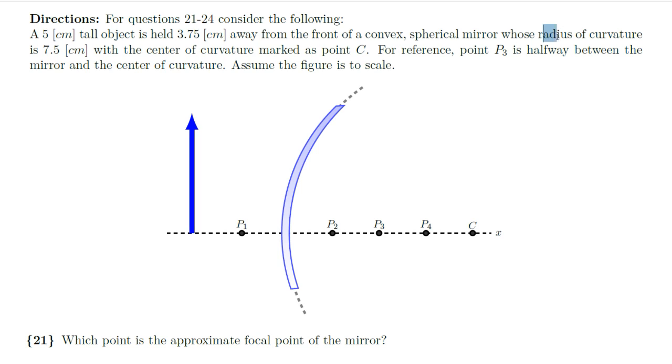The radius of curvature is given to be 7.5 centimeters. The center of curvature is marked as point C in the diagram. You could eyeball this because I'm telling you the figure is to scale, which means everything you do can be treated precisely, but you should be able to determine that P3 is halfway between the center of curvature and the mirror regardless.